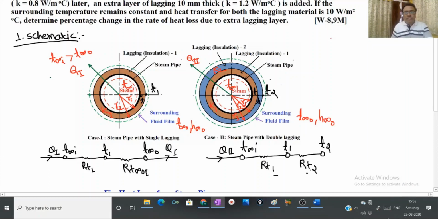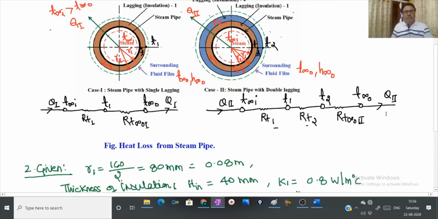Both these thermal resistances will be conductive thermal resistances by insulation 1 and 2 respectively. And the final thermal resistance will be offered between the outer surface of insulation 2 and the surrounding fluid. And finally heat will be dissipated. So this way we could draw the equivalent electrical circuit for the steam pipe with insulation 1 and the steam pipe with insulation 1 and 2.